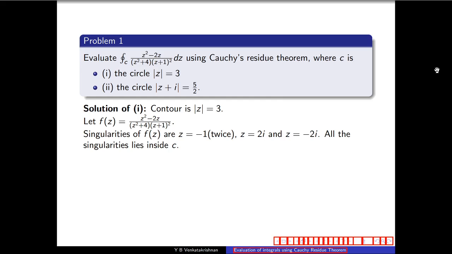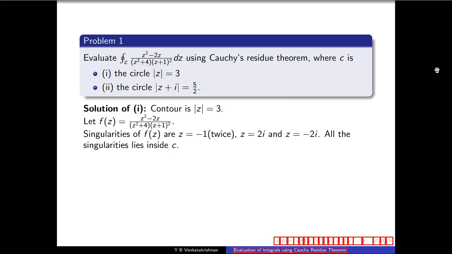You know that mod z is equal to root of x squared plus y squared. So this will be x squared plus y squared is equal to 3 squared, or x squared plus y squared is equal to 9, a circle with radius 3 units and center 0, 0.